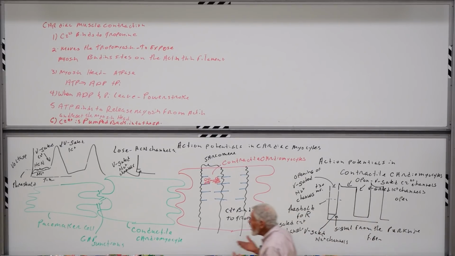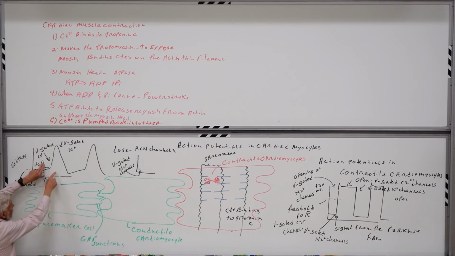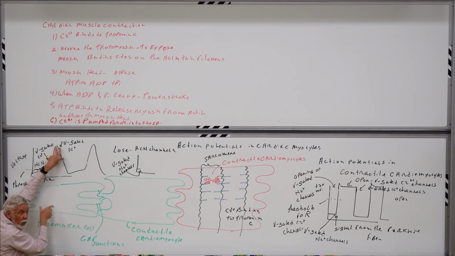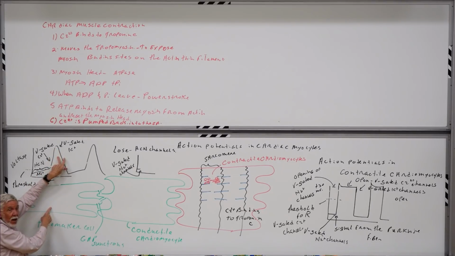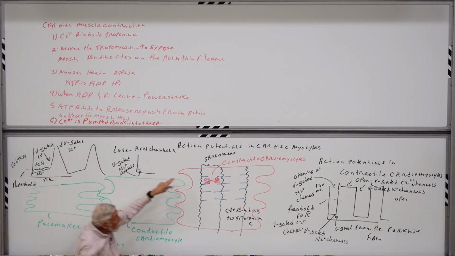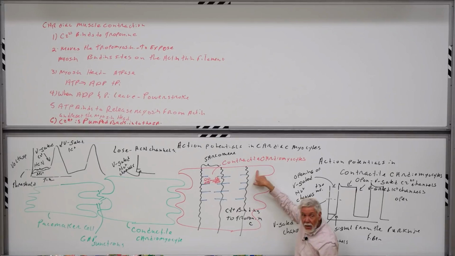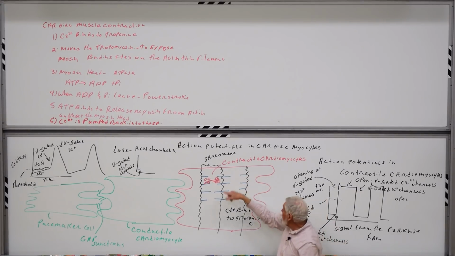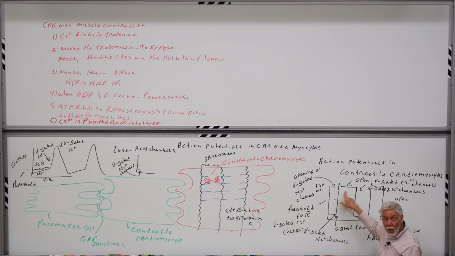What we're saying here is in the pacemaker cells, the role of the calcium is to generate this action potential. But there's very little contractile machinery inside these pacemaker cells. So the influx of calcium through these channels really doesn't have much effect on the contractile machinery because there simply isn't much there. When we get into the contractile cardiomyocytes, the calcium coming in through these voltage-gated calcium channels, we'll see in a moment, will be amplified by the release of calcium from internal stores.